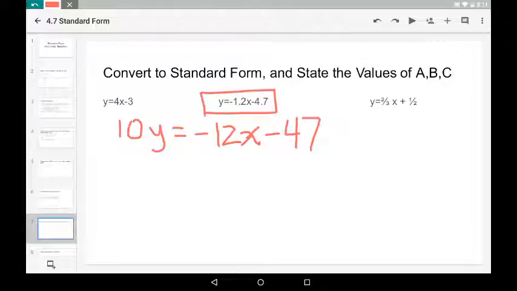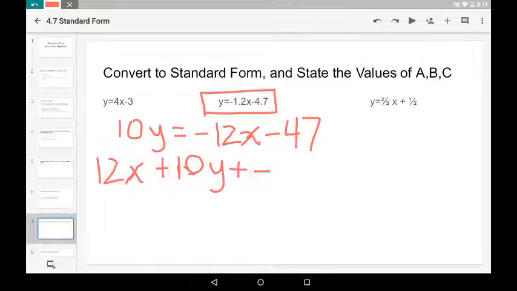I'm going to rearrange and put things on the other side. So I'm going to add 12x to both sides so that I have 12x over here. I still have my positive 10y over here. And I'm going to add 47 to both sides. So I have plus 47.